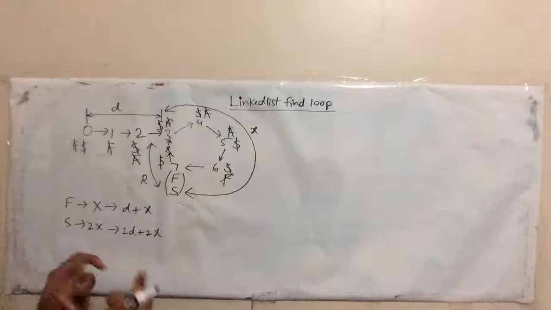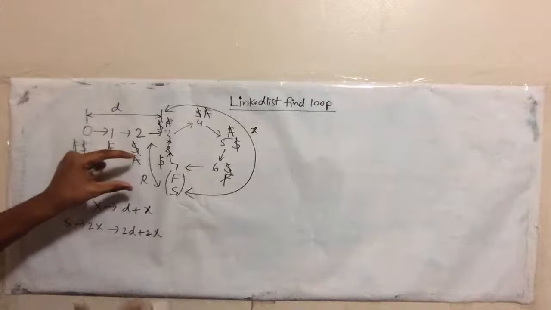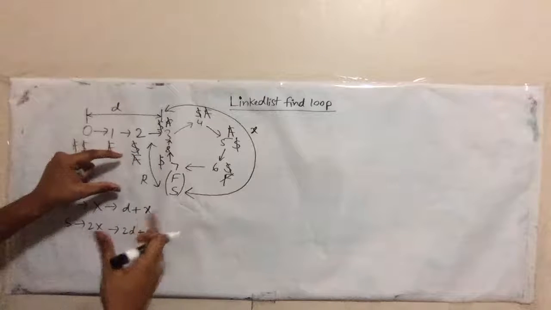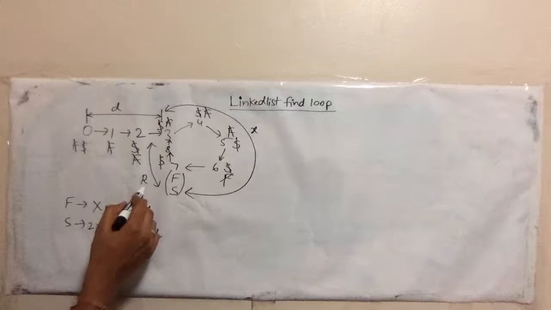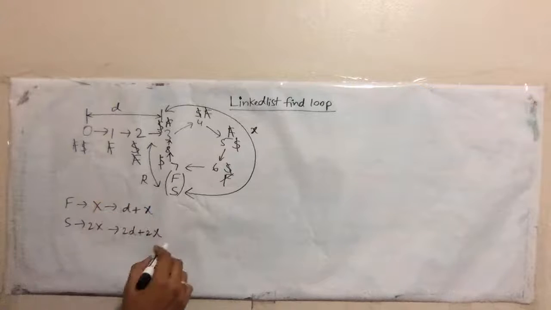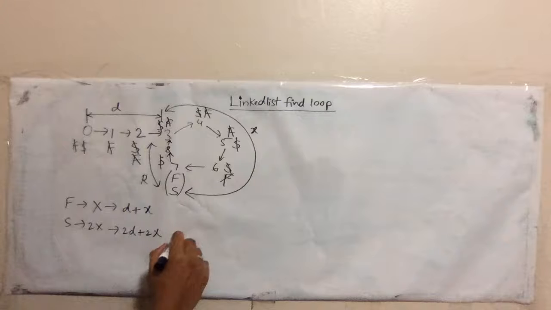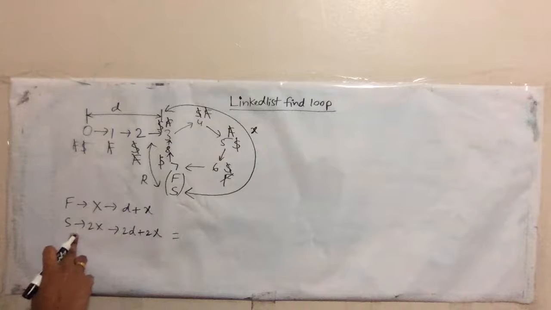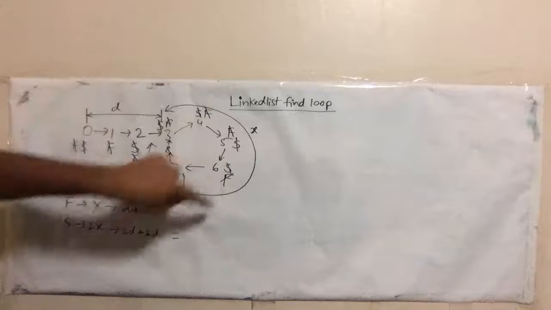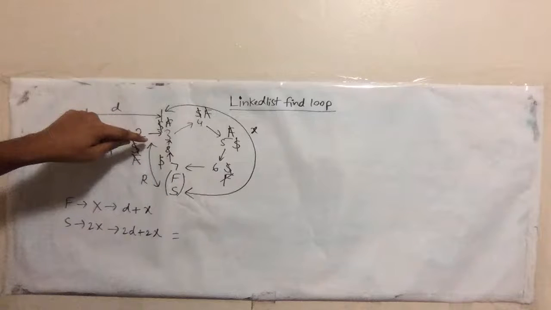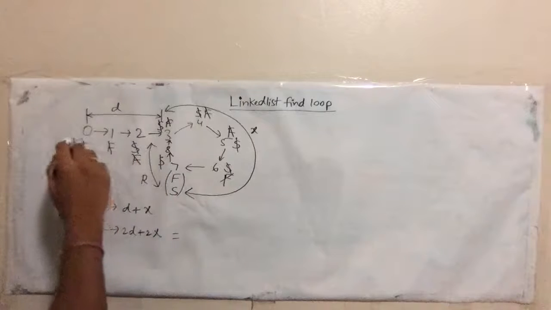Okay, this is in terms of d plus x. But if I want to know this remainder r, I need to include the distance traveled by the second pointer in terms of x and r. So I can write that it has traveled d plus x plus r, because the second pointer has traveled like this.